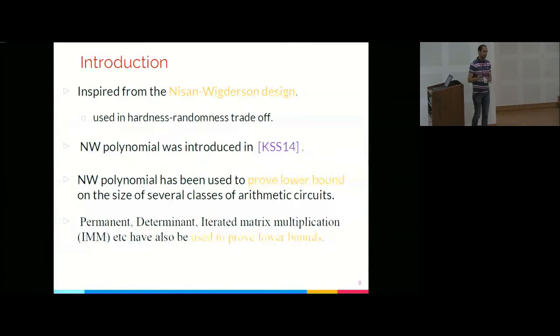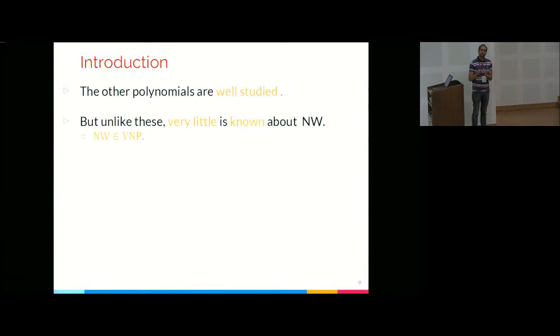Like our design polynomial, there are other classes of polynomials in the literature of arithmetic complexity theory, like the permanent, determinant, iterated matrix multiplication, elementary symmetric polynomials, and power symmetric polynomials, which have been used to prove lower bounds. But while we know a lot of things about these polynomials, almost every question is open about the design polynomial.